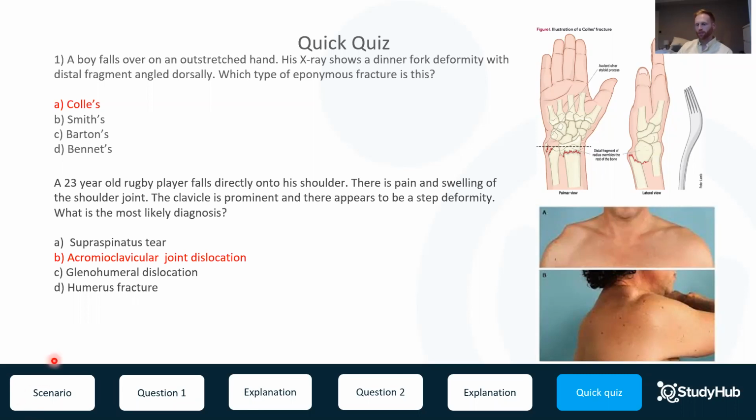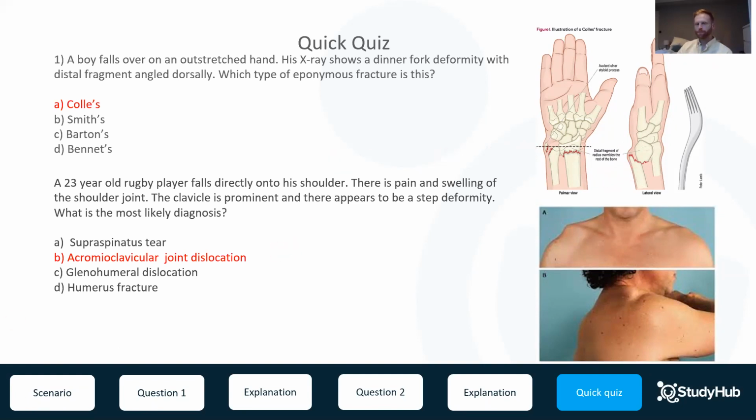I'll draw a quick one. In this diagram, this piece of the radius will still be aligned with the scaphoid and the lunate here, and it would be aligned in here as well. That's not true lateral, that's just a diagram. But in a Barton's fracture, you'd actually get dislocation of that joint as well as the distal radius fracture.